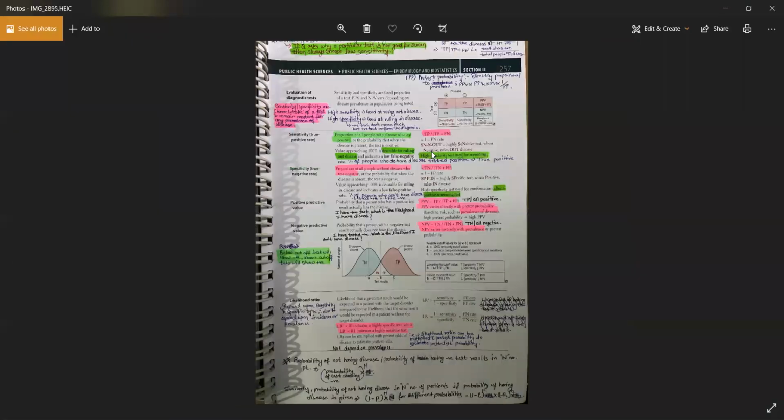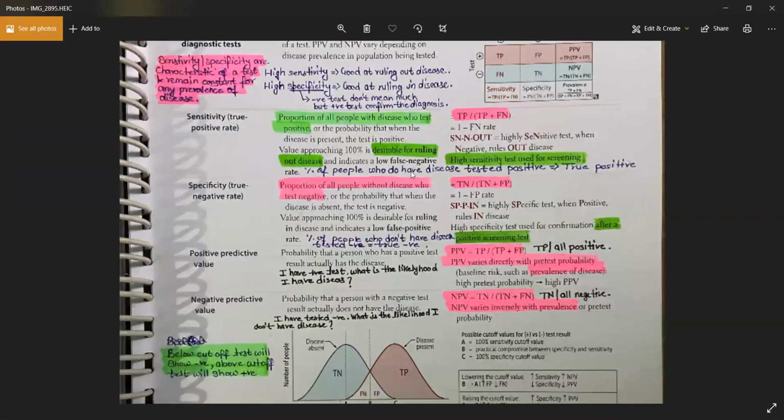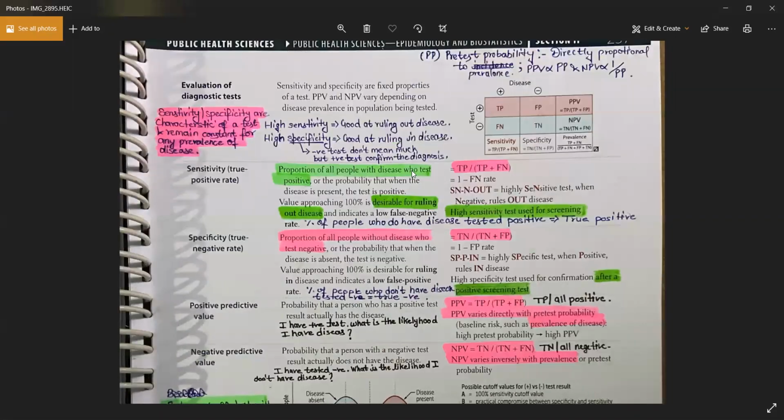Now you need to know about diagnostic tests and their properties. First two things that you need to know are sensitivity and specificity. Sensitivity is how sensitive the test is in detecting a certain disease, with how much power a certain test can detect a disease process. It could be a real disease process, or it could be a chance of having a disease.